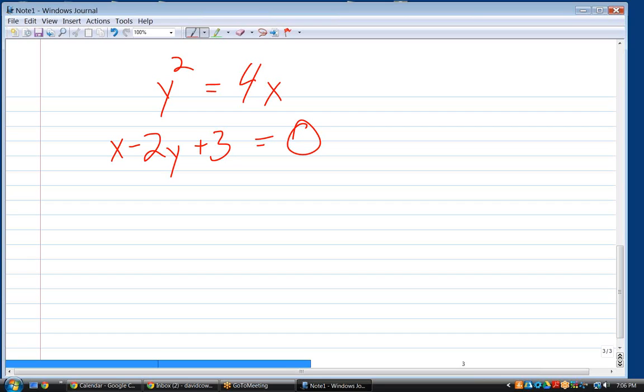Okay, what should we do here? Substitution. Okay. I mean, you got a choice. When you say substitution, we could solve this for x and substitute that for x, or we could solve it for y and substitute that for y. Let's solve it for x. Okay.